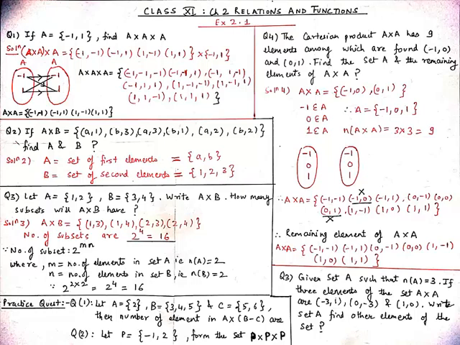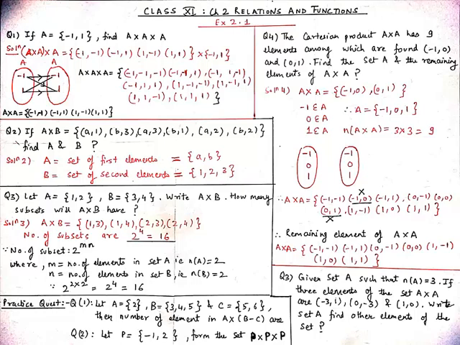Now as you can see in the Venn diagram, our Cartesian product A cross A will be equal to {(-1, -1), (-1, 1), (1, -1), (1, 1)}. And now we will find the Cartesian product of A cross A with set A, which is {-1, 1}.